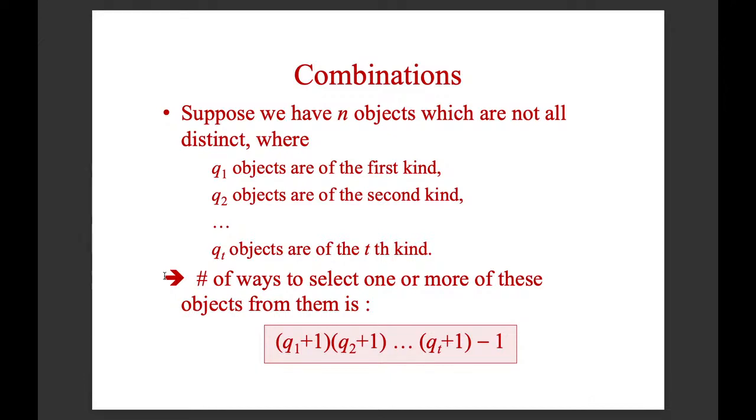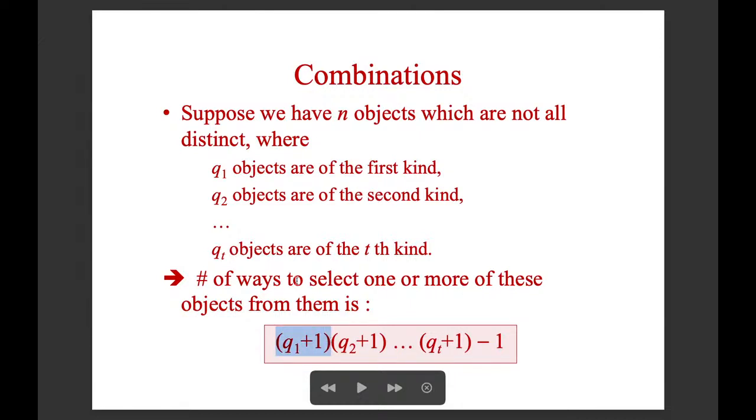So how many ways are there to do so? For the first kind of object, there are Q1 of them, so we can select 0, 1, 2, up to all Q1 of them. So there are Q1 plus 1 ways of doing so.